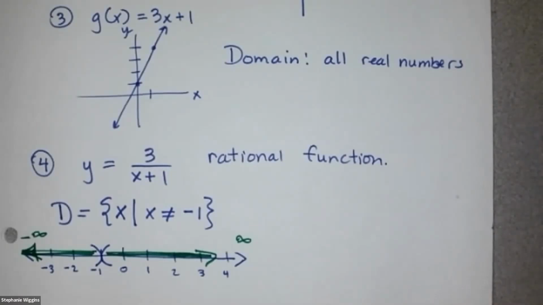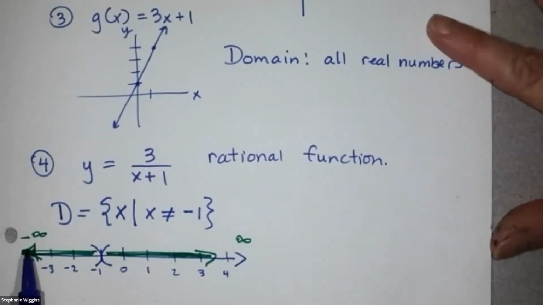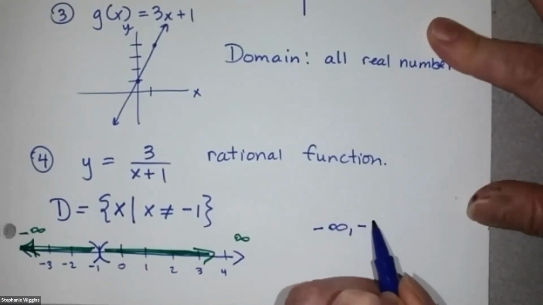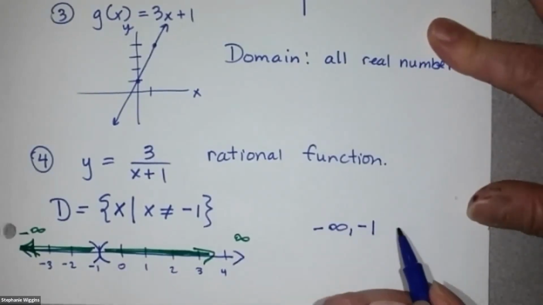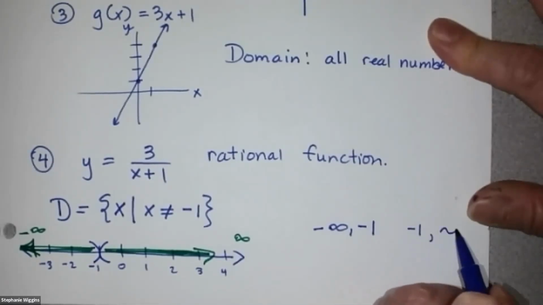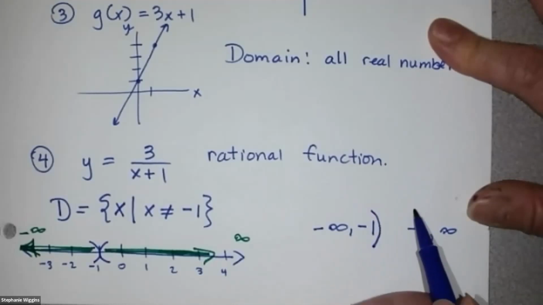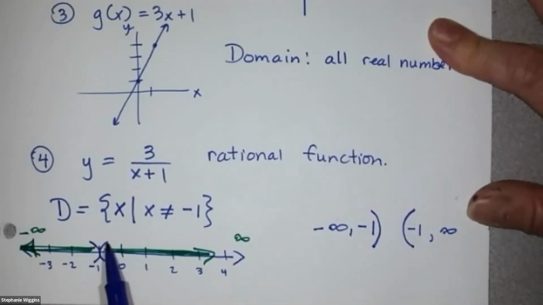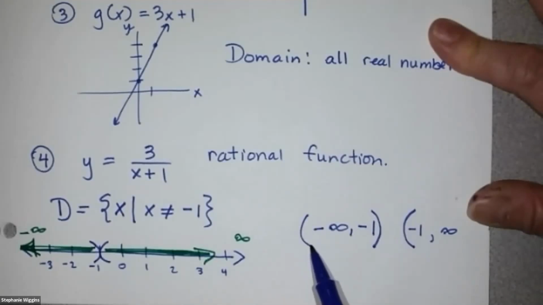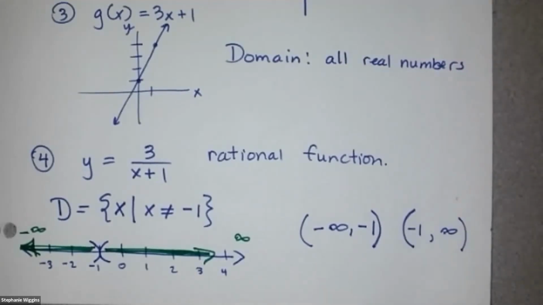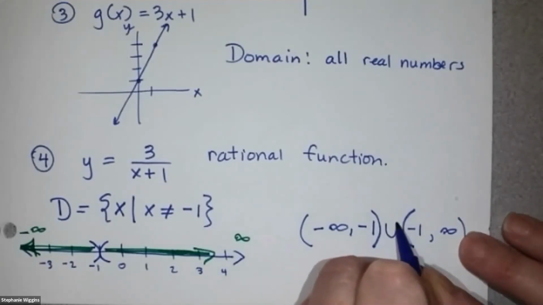It helps you because you read from left to right, and you start with -infinity. You get up to -1, something happens there, and then you pick up at -1 and go off to infinity. And because -1 is not included, we use an open bracket for that. And you can see there's my open bracket. And -infinity and positive infinity, we don't want to include those either because you can never reach infinity. So we use open brackets for those as well, and we join the two intervals together.